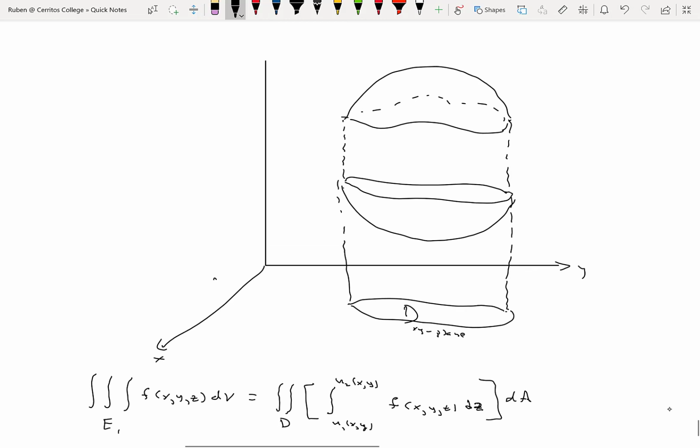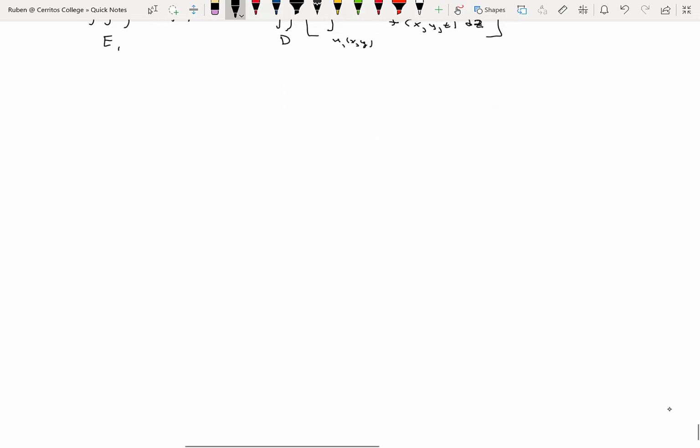Before we go into our other regions, we're definitely going to look at an example. So if this doesn't make sense, just stay tuned. Let's look at a specific example, the special case of the triple integral.